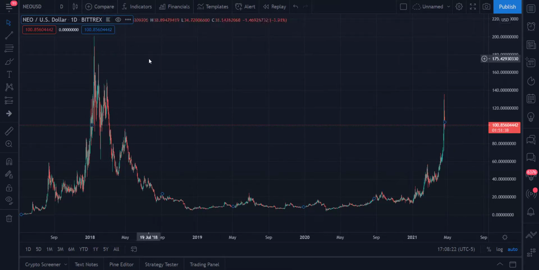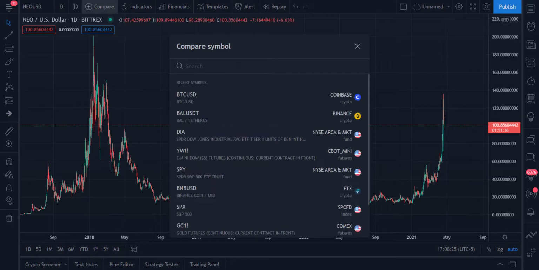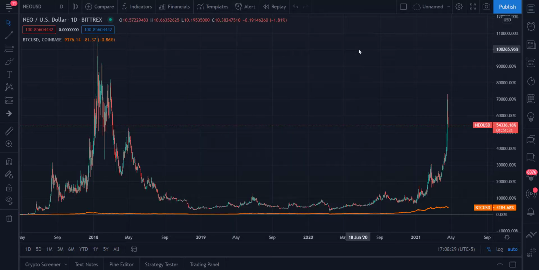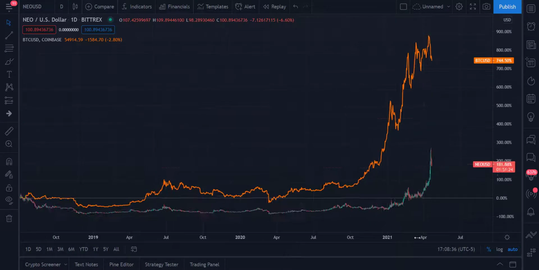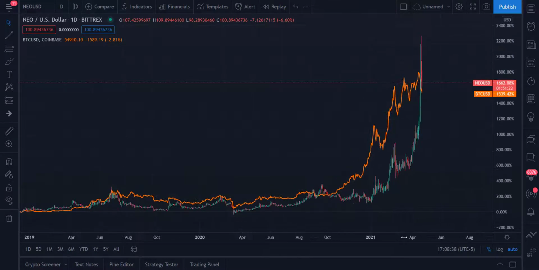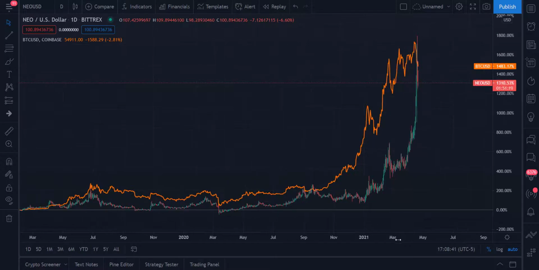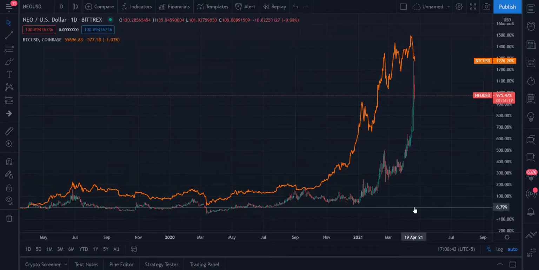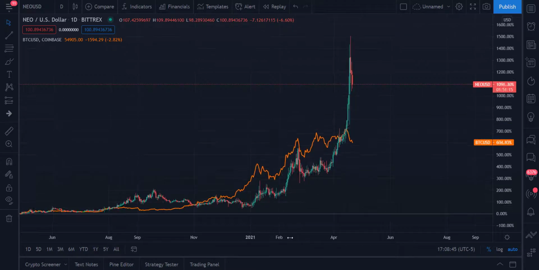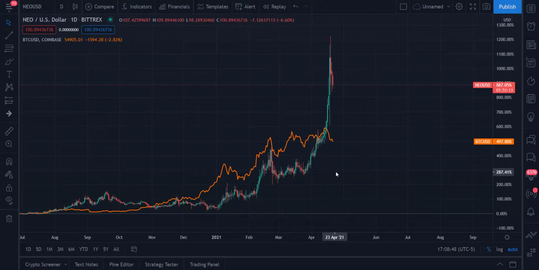I'd love to compare it too, if you guys don't mind. I'm going to do a quick comparison. I'm just going to add a little BTC on top of this just to get a sense. Sometimes I hate how they toss this in. There we go. It's hard to get a sense, but, you know, obviously there's been a major pullback. Then a major pullback in Bitcoin as well.